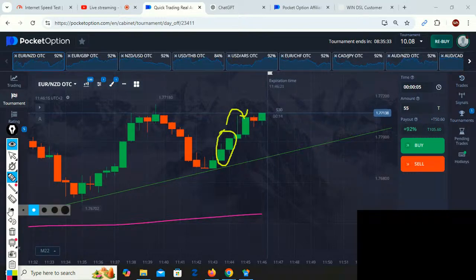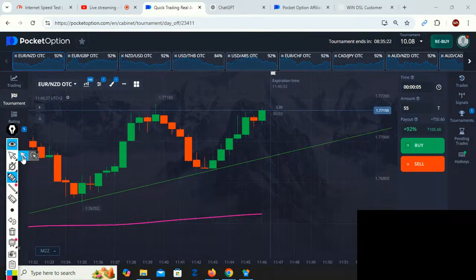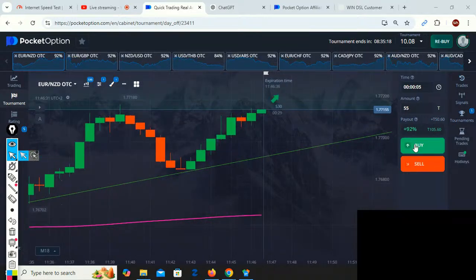So let me try and continue trading. Let's see if I can recover a little bit of the losses. So I'll go for $1 here and I'll go for a buy.